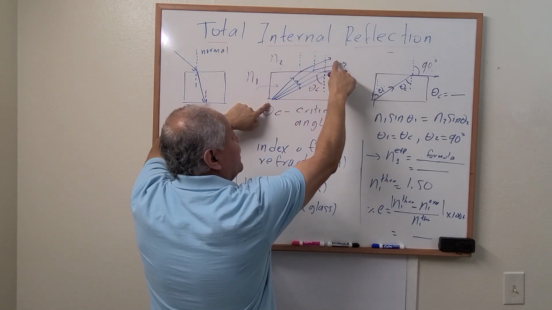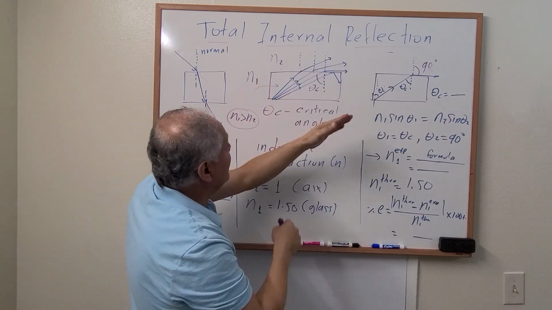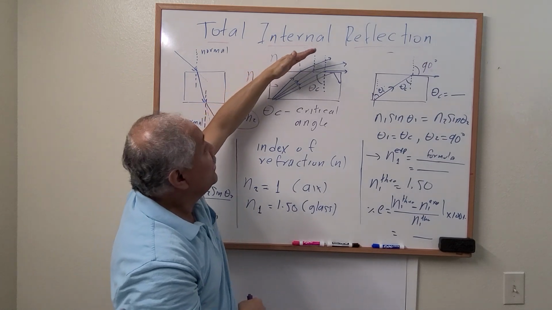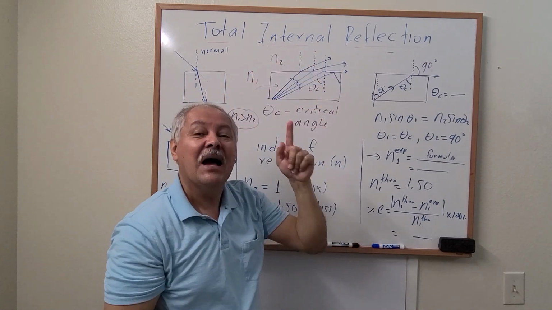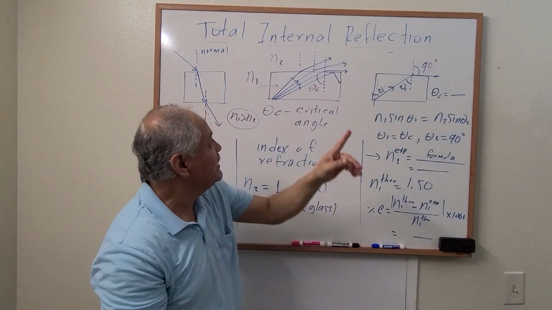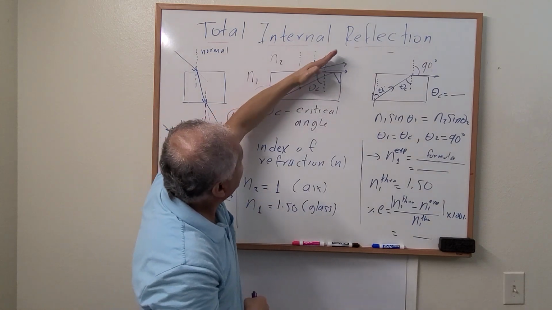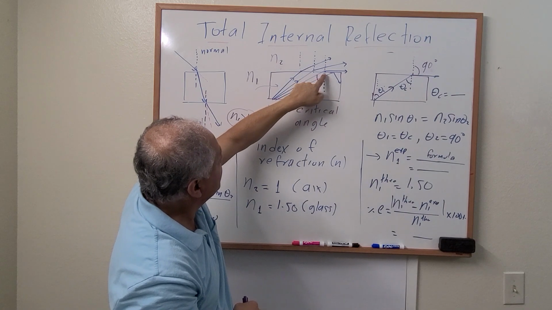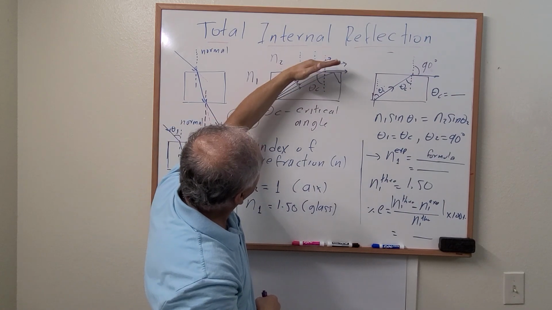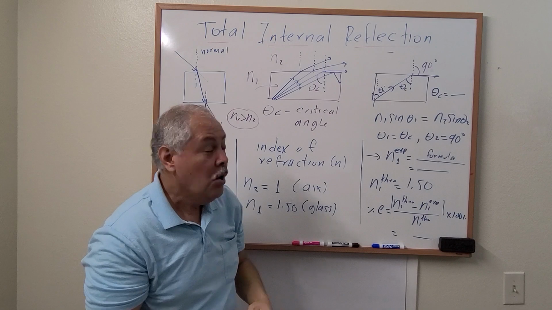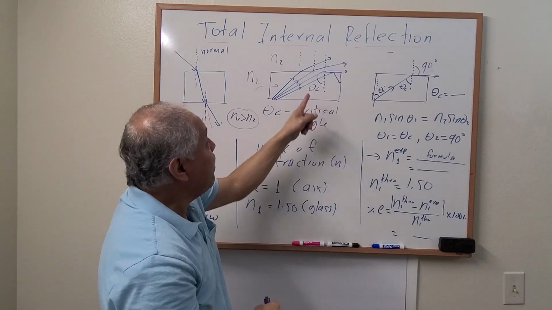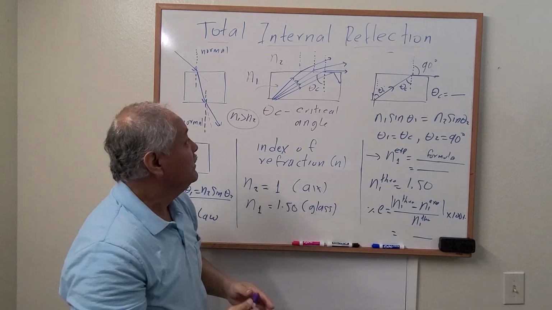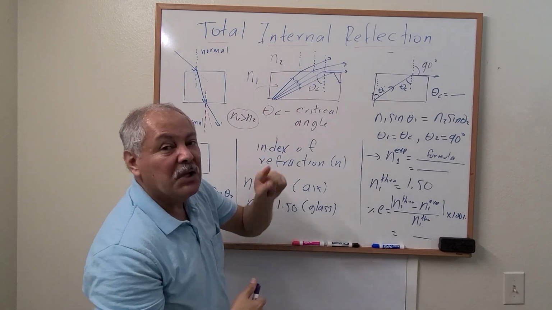This original path, again, because this index of refraction is less than this one, the ray is refracted away from the normal. Now we are right here, and it's going to be refracted away from the normal. Later, the next point is right here, and this original path is going to be refracted away from the normal. When this refracted ray is parallel to the surface of this medium, glass in this case, we call that angle the critical angle.